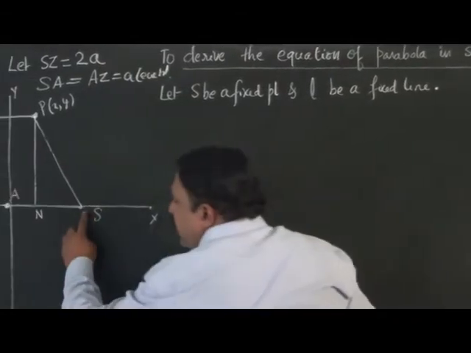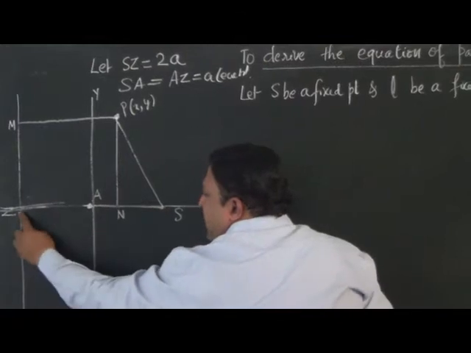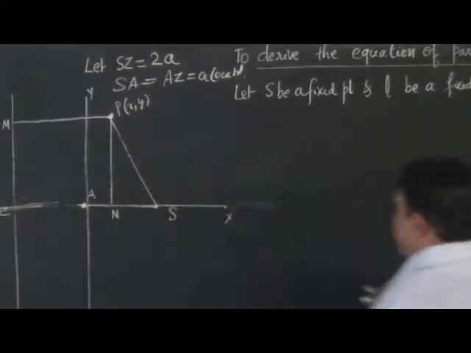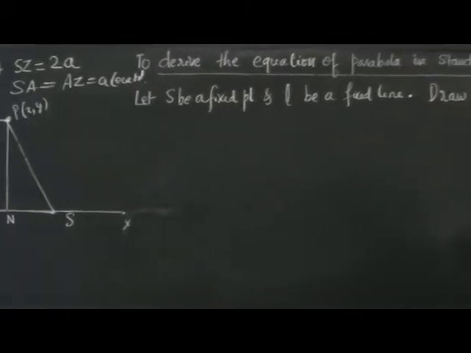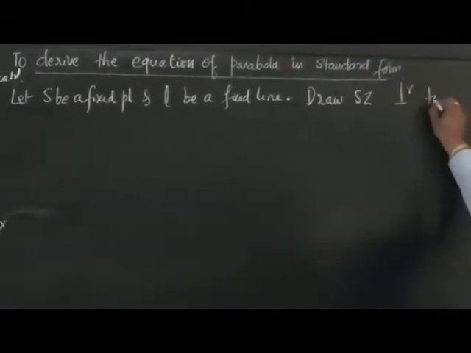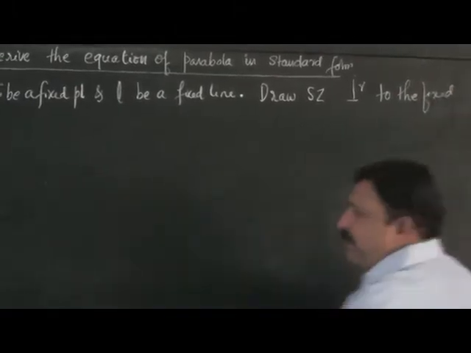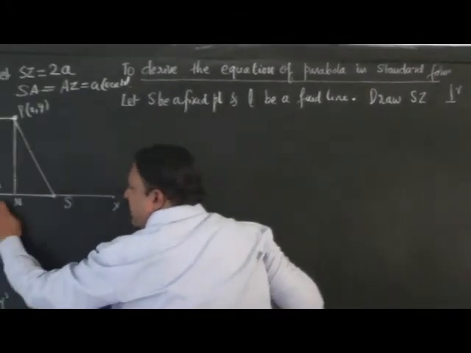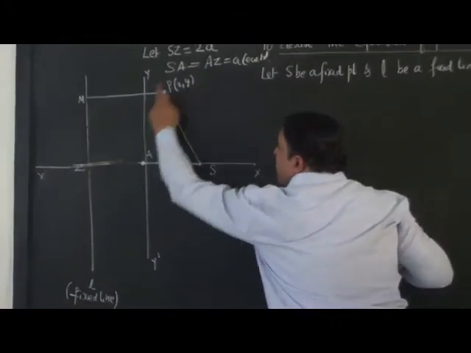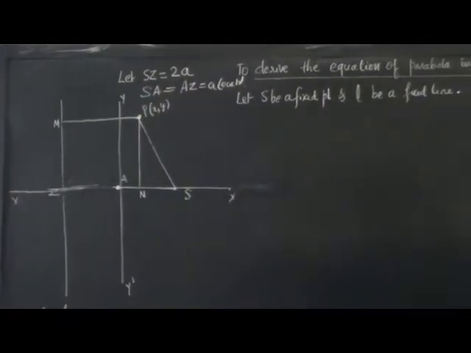And after considering the point S and the fixed line, we have drawn SZ perpendicular to the fixed line, and then we divided SZ at A such that A is the midpoint of SZ and SZ is 2A, therefore SA equals AZ equals AH.